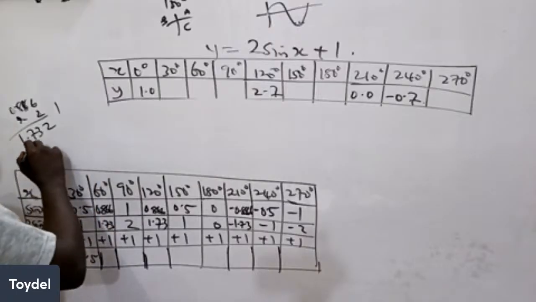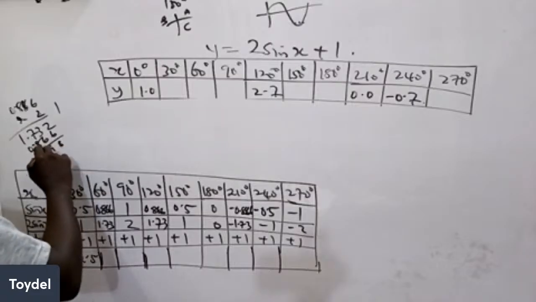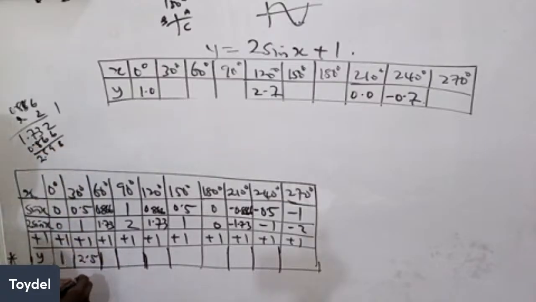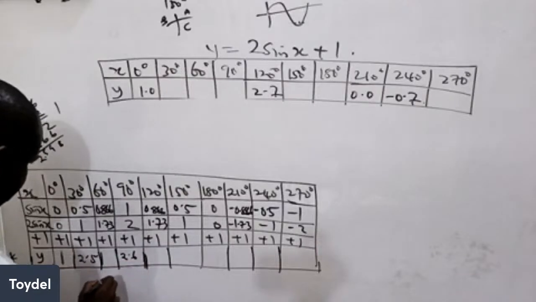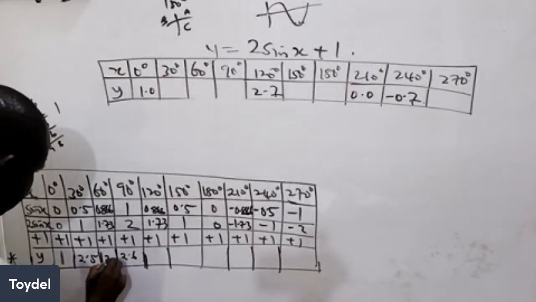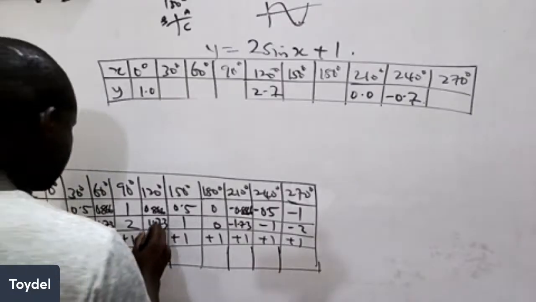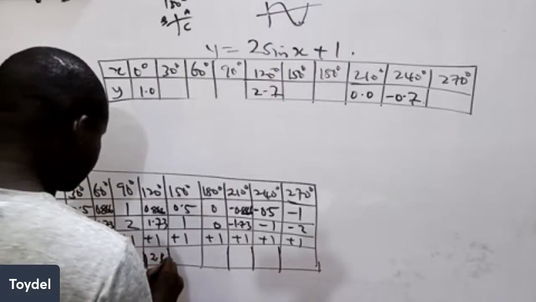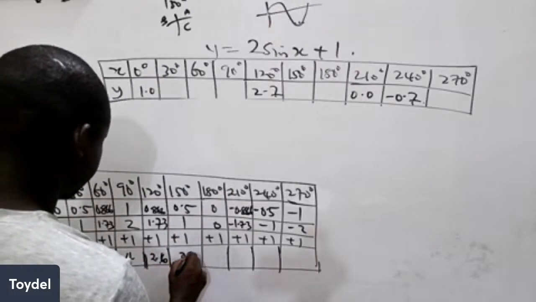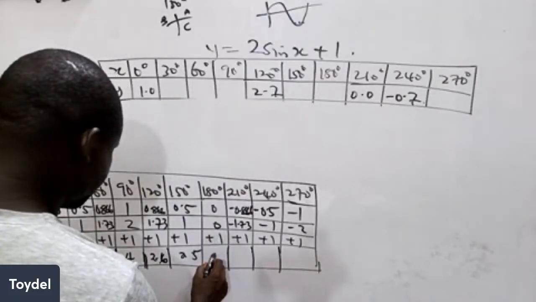Another is 2.6. Here I'm going to get 4. Here I'm going to have 2.6. Here I'm going to have 2.5. Here I'm going to have 1.